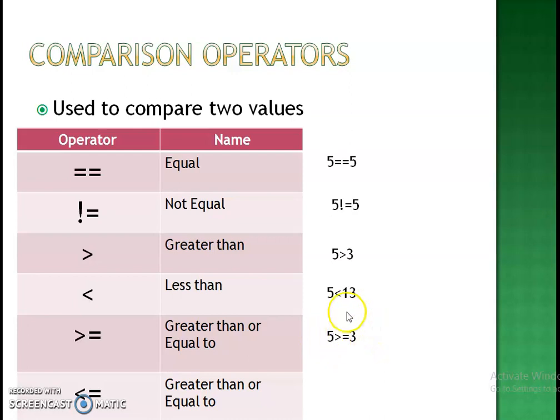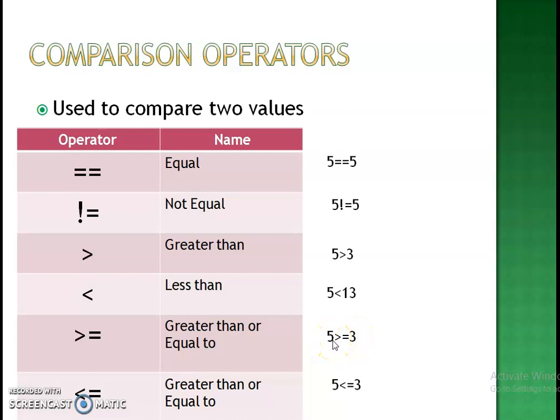What's the difference? The greater than symbol checks only greater values, while here we can check 5 is greater than or equal to 3. The condition is true when we check equal to, so it returns true.